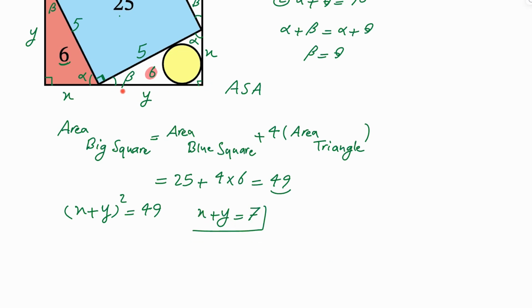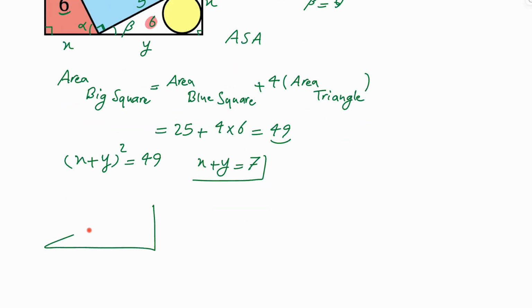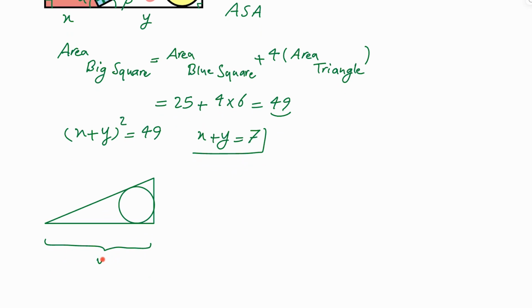So now we have x plus y. Let's draw this triangle and this circle here. We know that this side is y, this side is x, and this side is 5. Let's call the radius of this circle r.